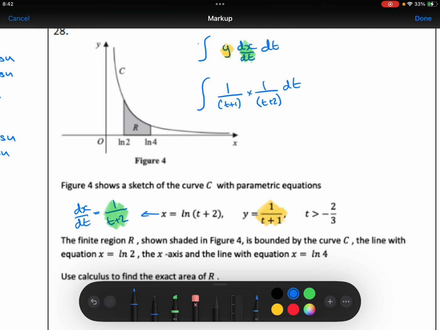And now we need to think about our limits. I can see my lower limit of x is ln2, and my upper limit of x is ln4, but I need my limits in terms of t, not in terms of x. So, let's take our x equation here and use that with the limits.